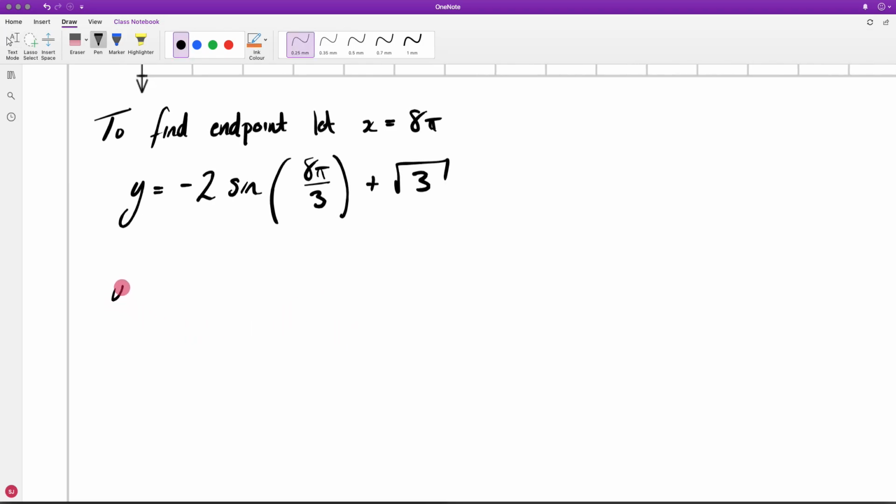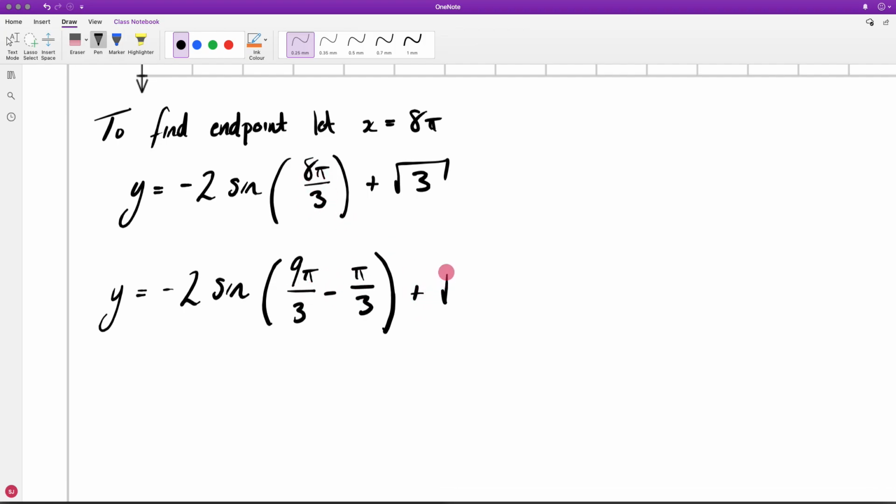So I'm going to get y equals -2 of sine. Now we're going to use our symmetry properties. So what I want to do is break this down, and I'm going to say that it's 9 pi over 3 minus pi over 3. So all realize that 9 pi minus pi will be 8 pi. So this is the same as this. And don't forget to plus on the square root of 3.